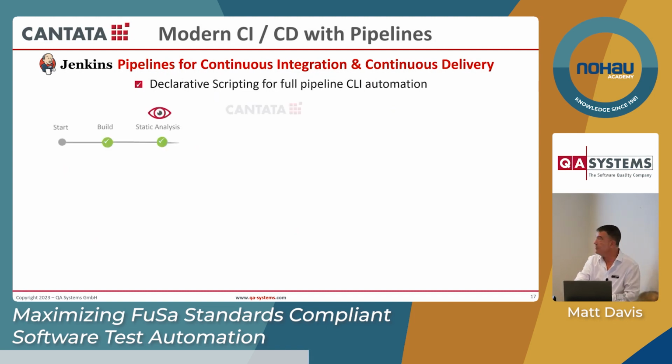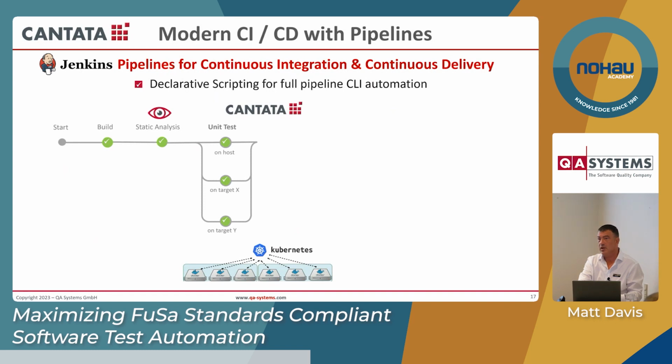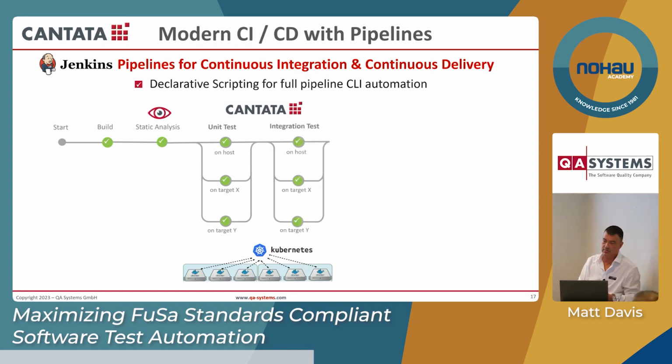So you might build your software, run some static analysis, run unit tests, maybe on host and on target, multiple targets. If you're parallelizing and you have a lot of tests, you might have a physical board farm of 10 different target boards. You might virtualize it all in Dockers. Lots of our customers do that. Same with integration tests. You might then trigger further types of tests. And obviously you're then looking at deploy.